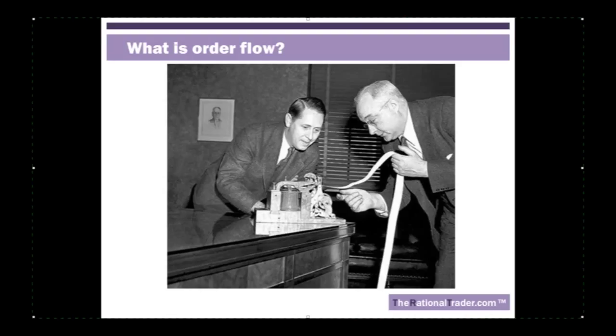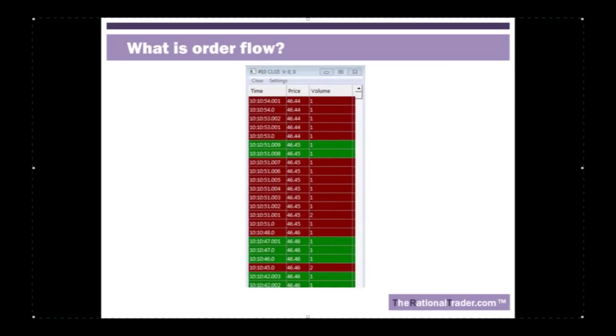With the advent of computers and the ability for us to see it in a more efficient way, you have something more like this. This is a time and sales window, and the trades scroll across as they're being transacted in the market, and in fact, it's used to build the charts that you're used to looking at.